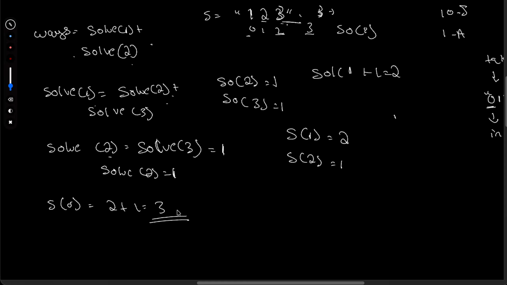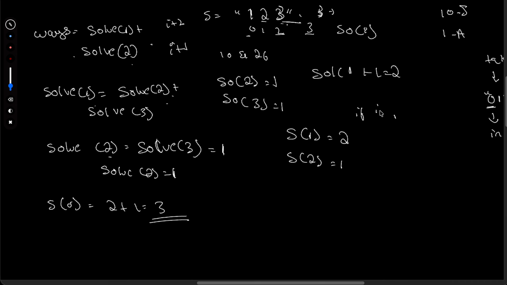Okay, at every index, if the digit is not 0, we call solve of i plus 1. If the two digit number is between 10 and 26, we call solve of i plus 2.